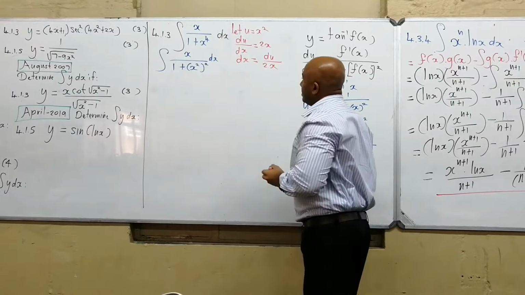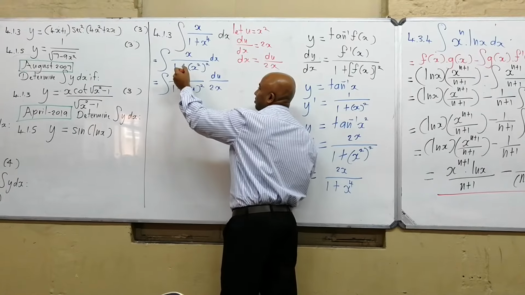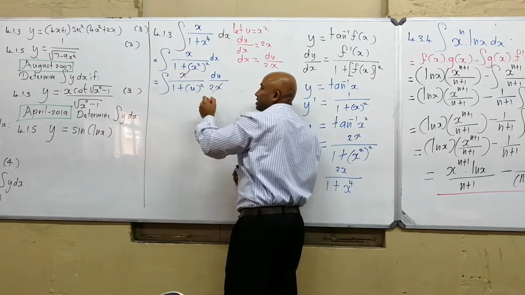Can you see that? What is dx? dx is du divided by 2x. So now it's clear that you have x on the top and x in the bottom. They cancel. So what remains? Let's take the constant. The constant is 1 over 2. There's my 1 over 2 there. And I have 1 divided by 1 plus u squared du.